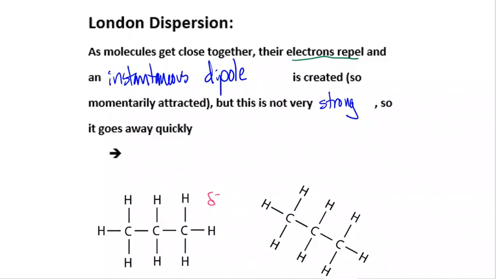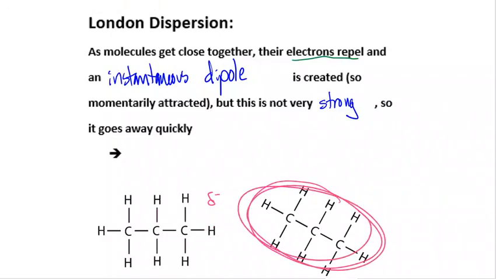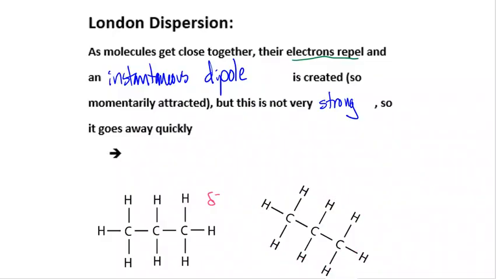The electrons on this molecule, having congregated over to this side, are going to repel the electrons from the other molecule. So those electrons are going to move over to the other side, which is going to create a partial positive charge on just part of this molecule.